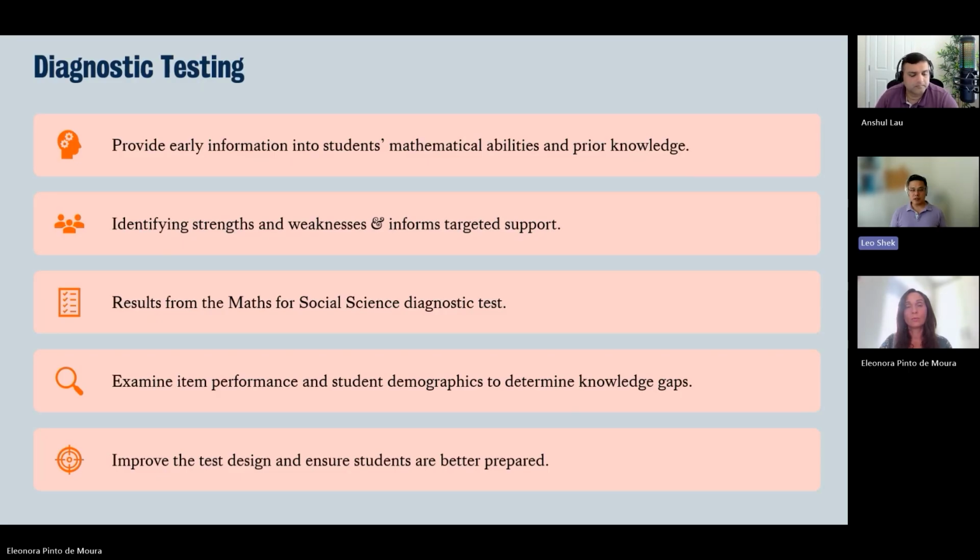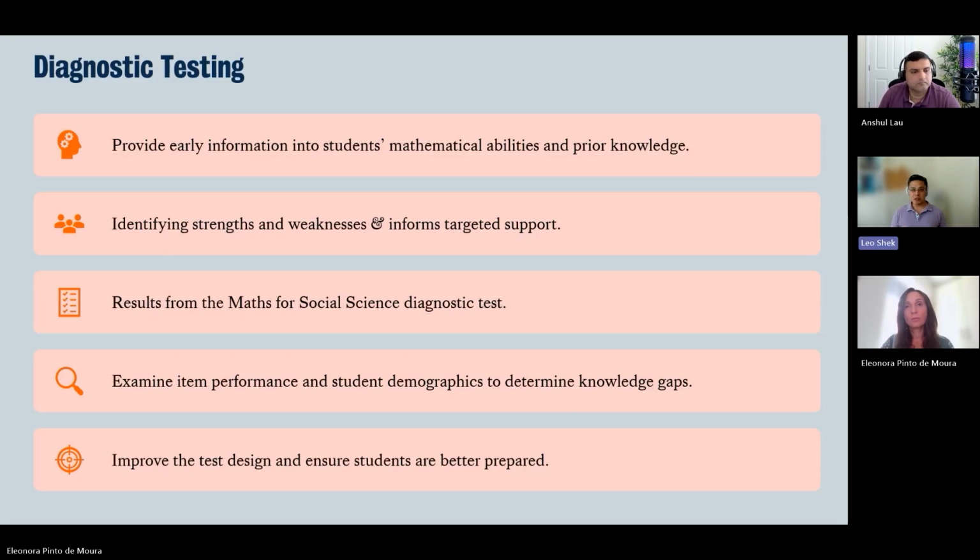This test is particularly for our module called Maths for Social Science, and this module is for students who are preparing to progress to undergraduate programs in economics, business, or other social science studies.